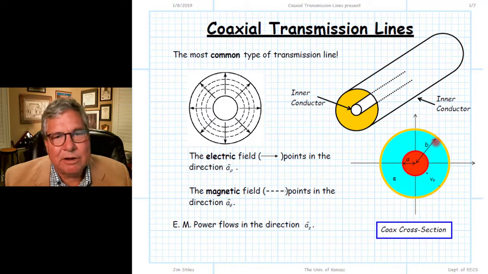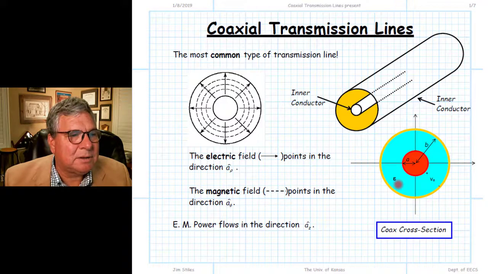So we call this the inner radius of the outer conductor, and it is defined by the value B. The material that separates them, gives its physical strength, is the dielectric, plastic of some type, perhaps, that has some dielectric constant.